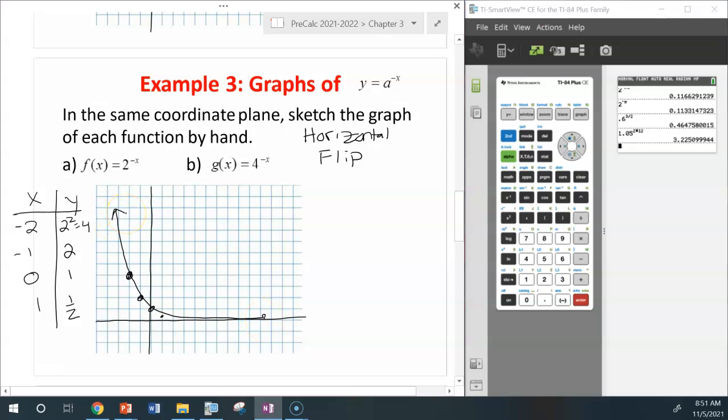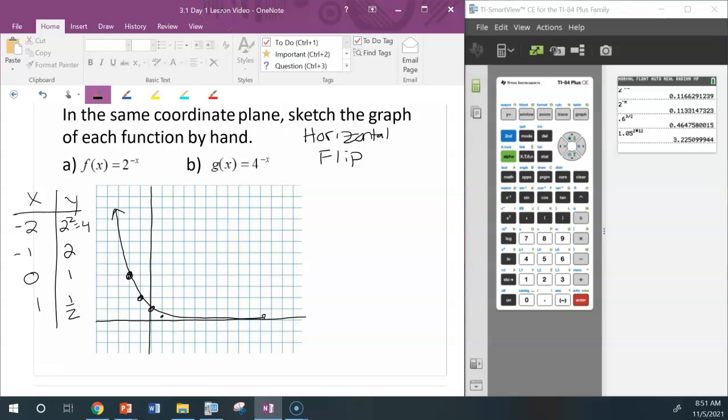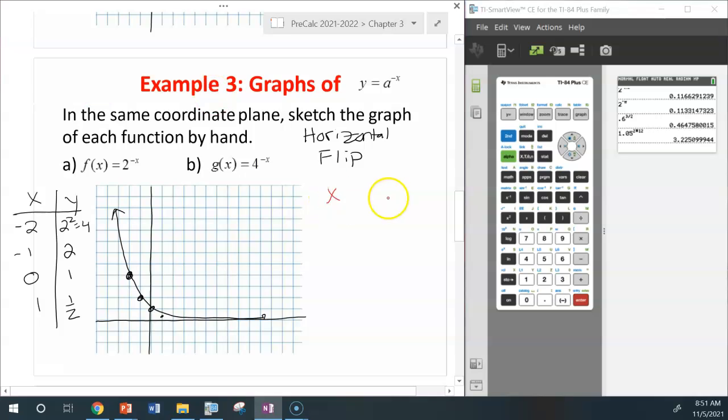Now we're going to do the same thing with 4 to the -x. Do an xy table, and then I'm just going to plug my x's into the exponent. So I'm going to get 16, 4, 1, and 1/4. 16 is really high. It's off the grid, so I'm not going to plot that.